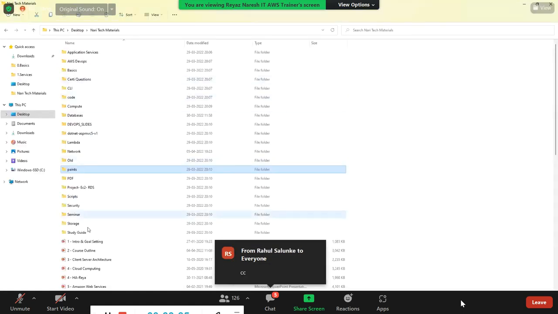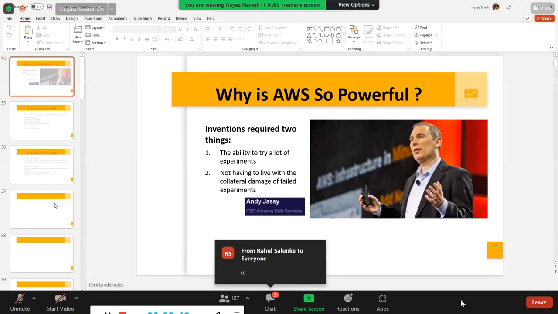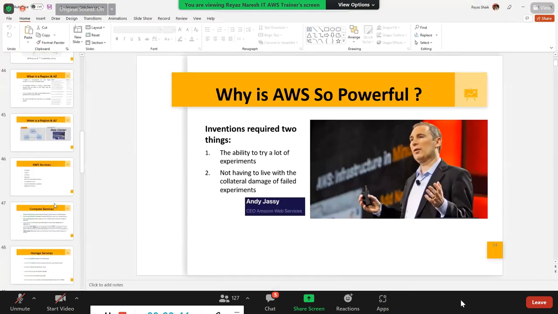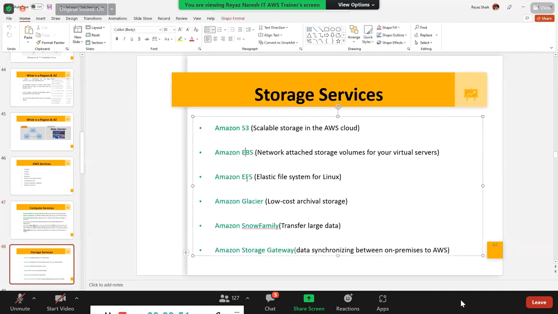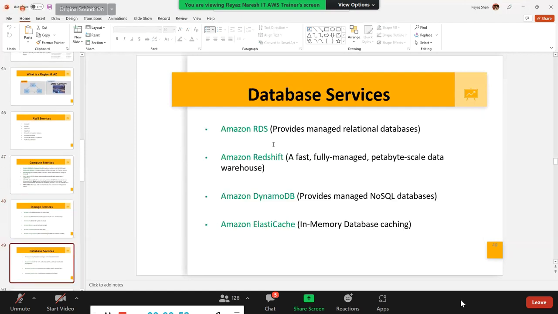So we have been learning many things nowadays, right? So did we learn all these things here? EC2, load balancer, auto scaling, Beanstalk, Lightsail, Lambda, S3, EBS, EFS, Glacier, Snow family, Storage Gateway, RDS, Redshift, DynamoDB, ElastiCache.